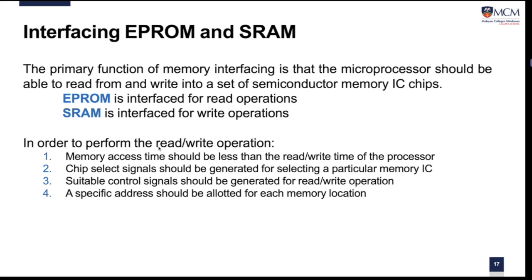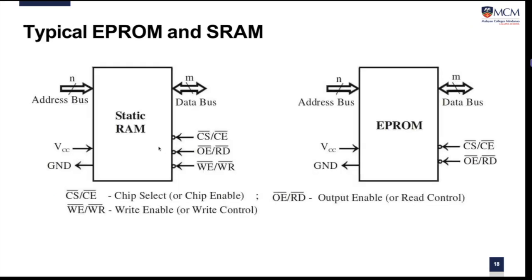In order to perform the read-write operation, number one, memory access time should be less than the read or write time of the processor. Two, chip select signals should be generated for selecting a particular memory IC. Third, suitable control signals should be generated for read or write operation. Fourth, a specific address should be allotted for each memory location. So this is the typical EEPROM and SRAM.